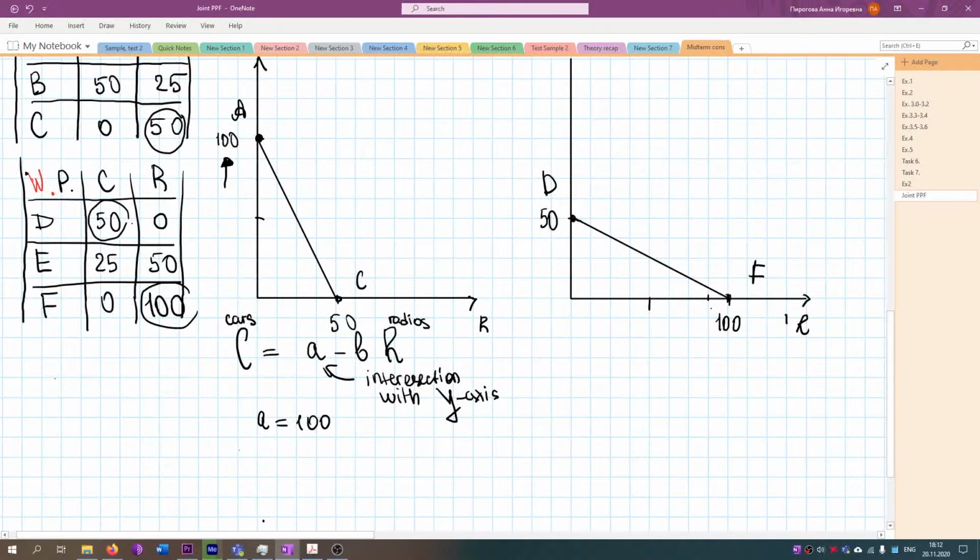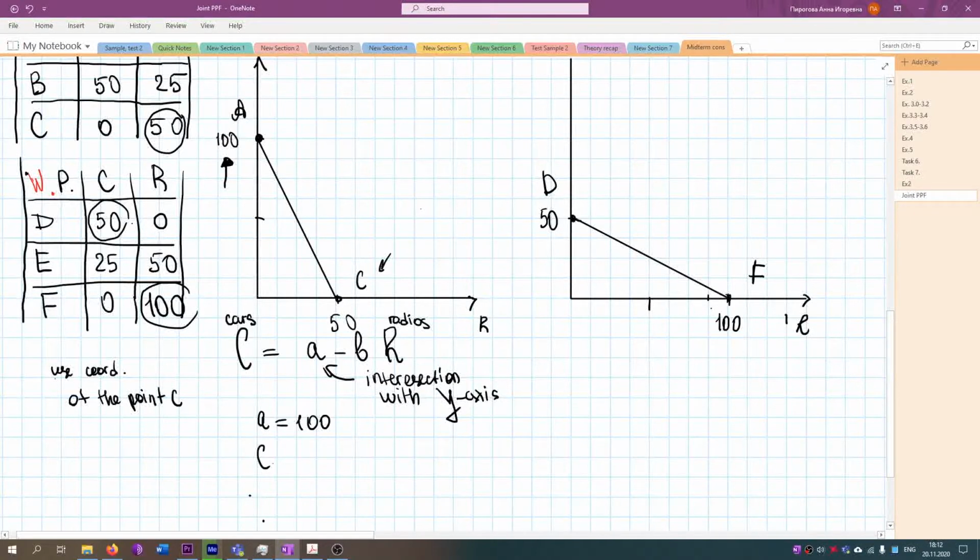So to find this coefficient, we will need to use coordinates of the point C. So this one. So we will use its coordinates and put them into our equation.